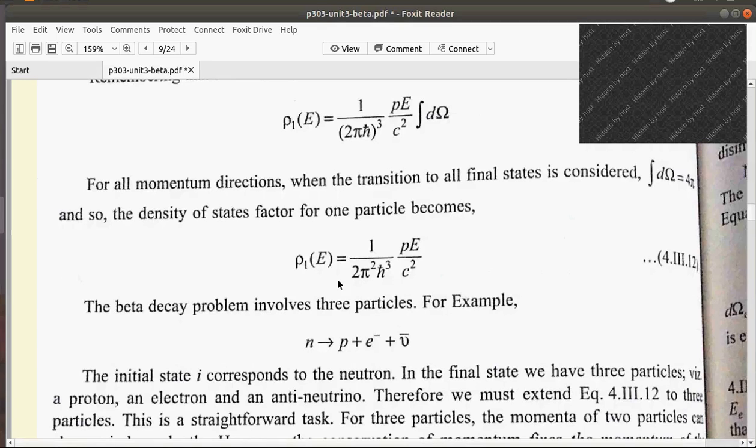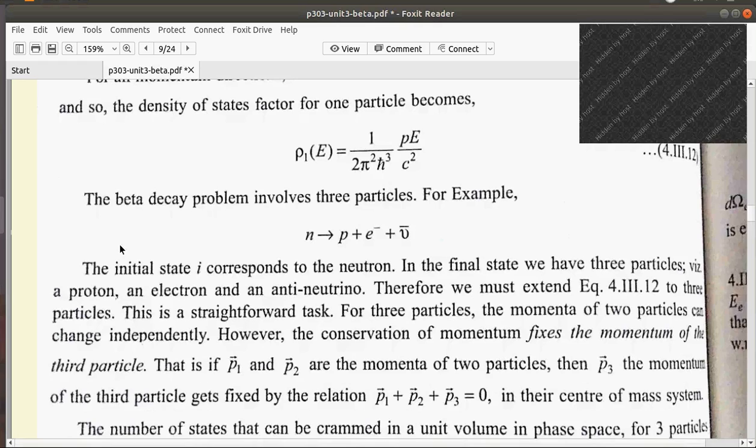Now, in beta decay, what is the initial state and what is the final state, that we will talk about. The beta decay problem involves three particles. For example, a neutron will give you a proton, an electron and an antineutrino. The initial state I corresponds to the neutron.